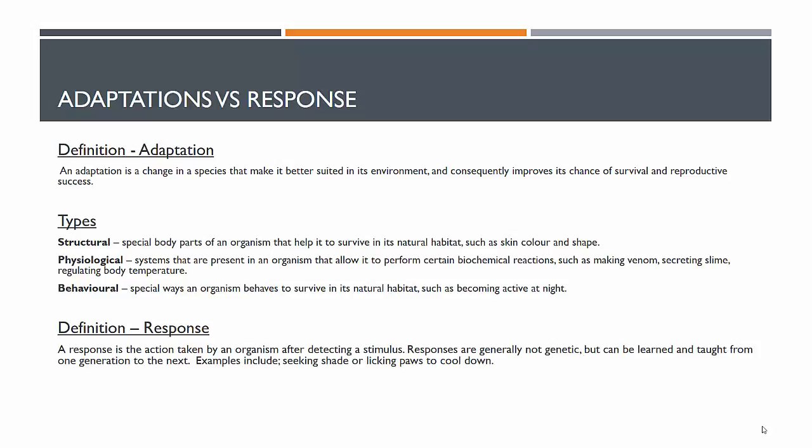Alright, so let's have a look at these two words that are in our dot point. They are adaptations and response. So the definition of an adaptation is a change in a species that makes it better suited to its environment and consequently improves its chance of survival and reproductive success. The key thing about an adaptation is that it's genetic.